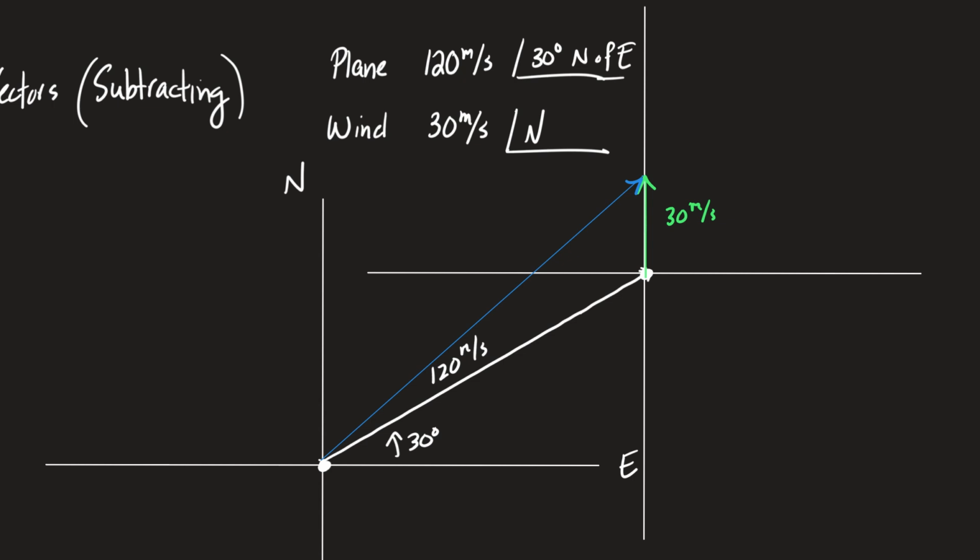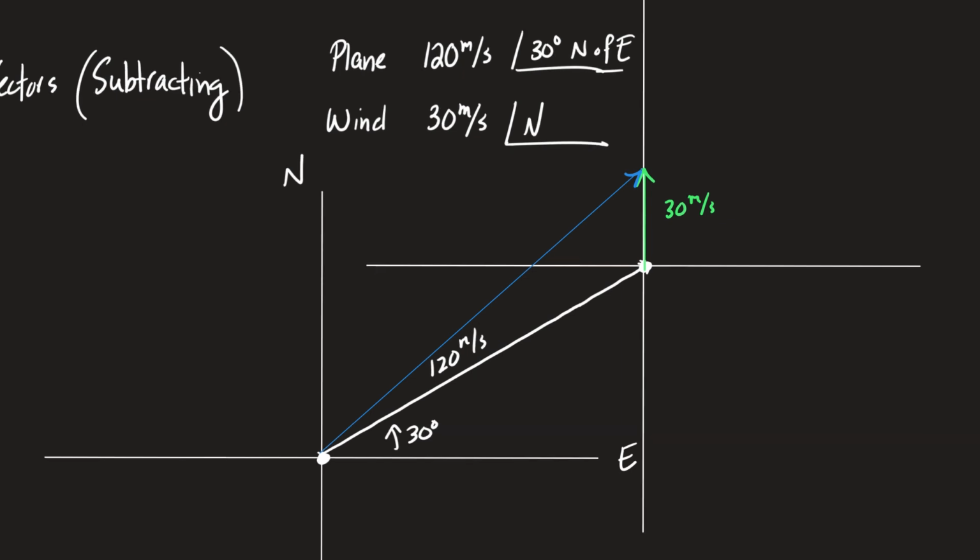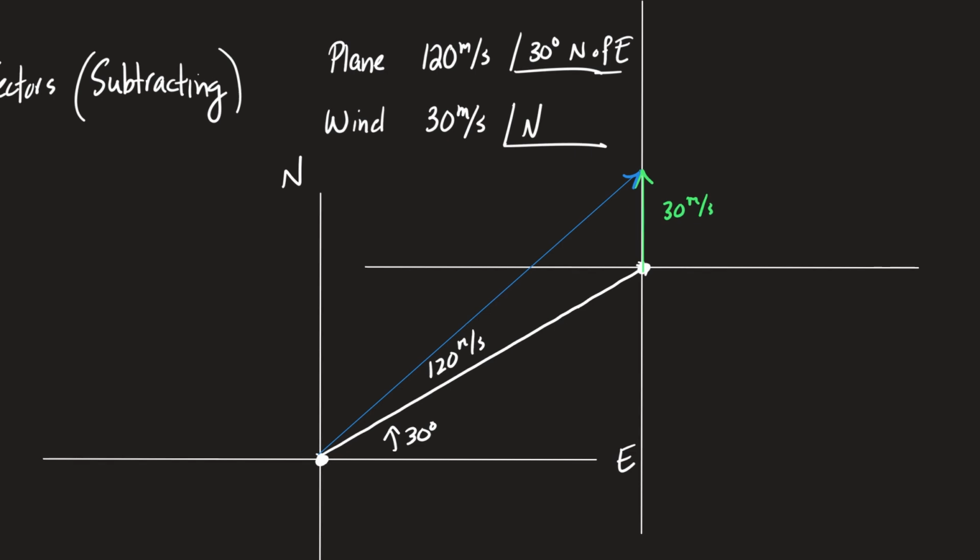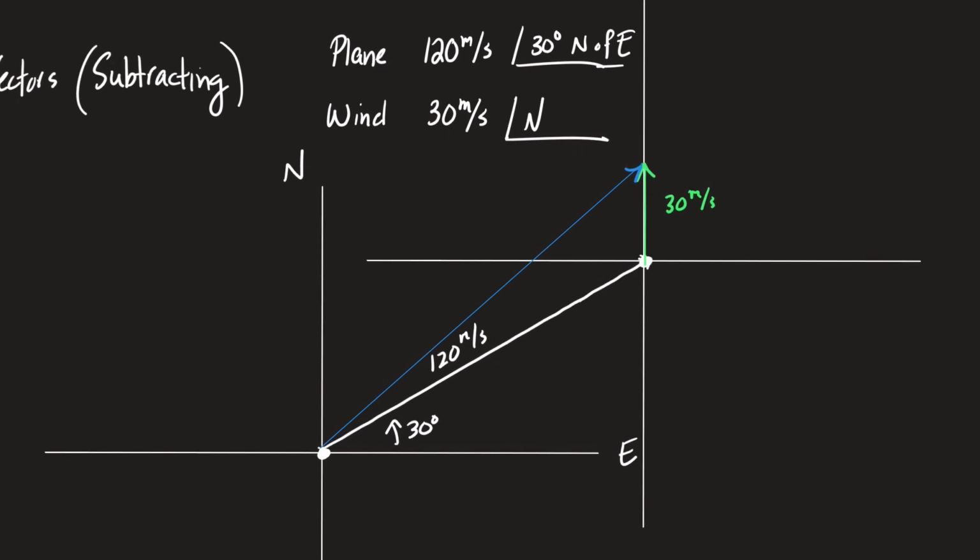Now I'm going to measure the length of the vector. Handy dandy ruler here. I get just over 4.5. It looks like it's 4 5/8 inches.